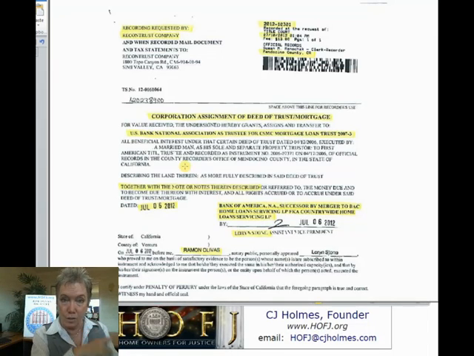They're servicers, not assignees. They're now assigning to U.S. Bank National Association as trustee for this mortgage-backed security. And that is illegal, and the banks cannot do that. That's illegal on its face. It's a fake document. It is meaningless, and yet the house is being foreclosed on, based on it.